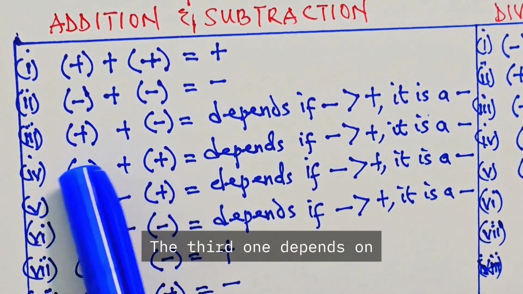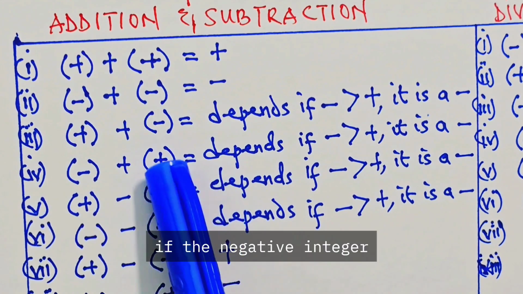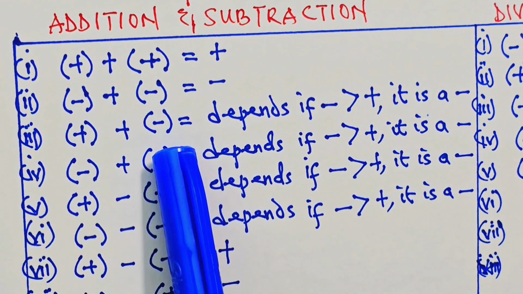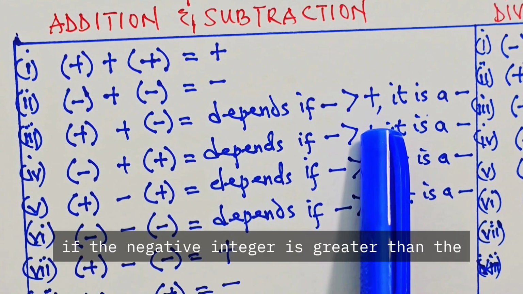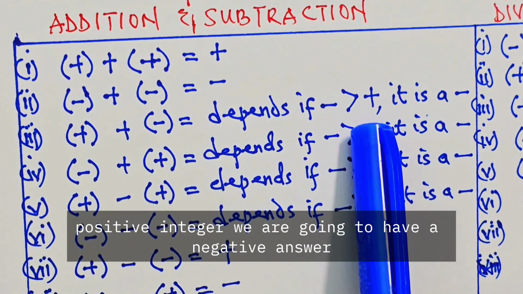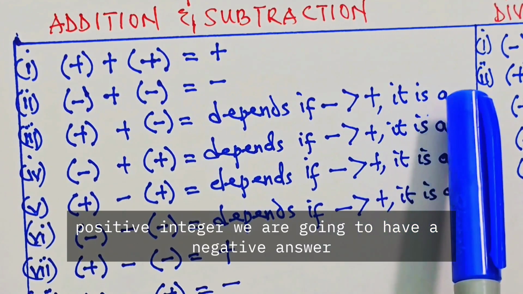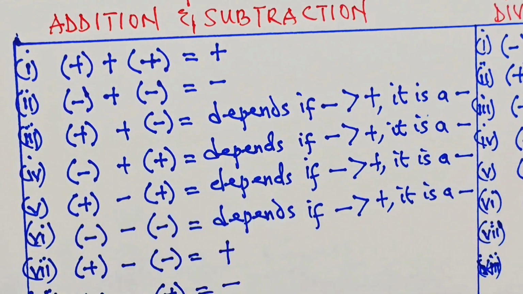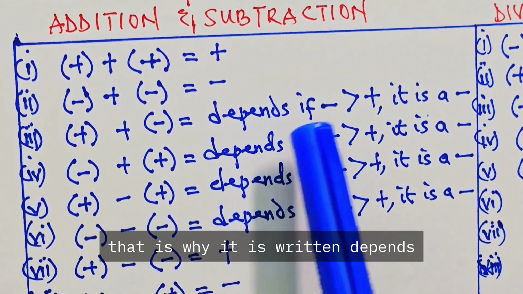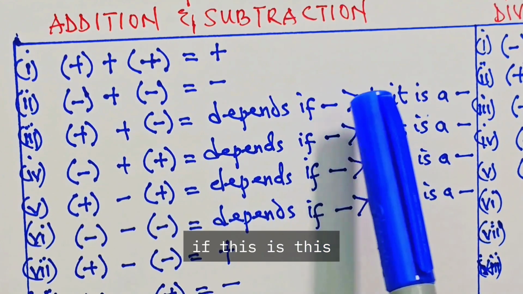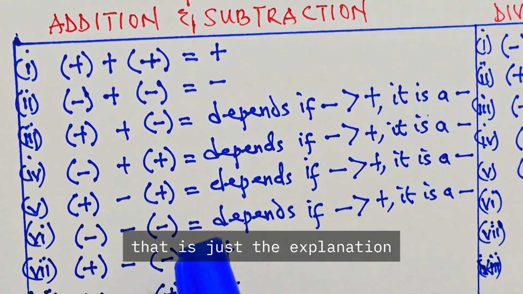The third one depends on whether the negative integer is greater than the positive integer. If the negative integer is greater than the positive integer, we are going to have a negative answer. That is why it is written "depends". That is just the explanation.